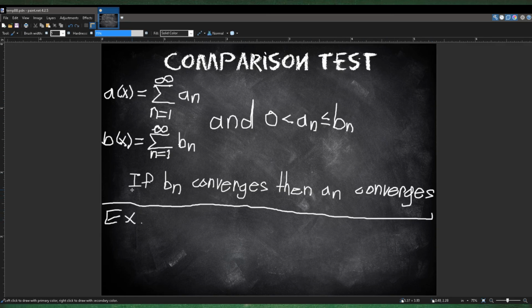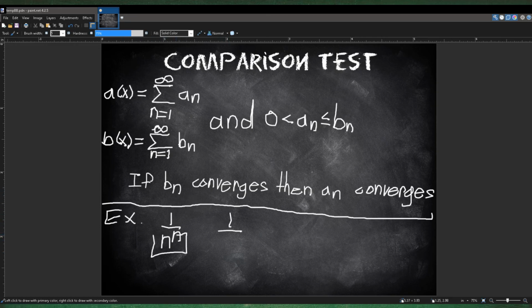Let's say we have the equation 1 divided by n to the power of n. Does this converge or diverge? Let's compare this to another equation. Usually with these kinds of equations, you have to logic your way through it.